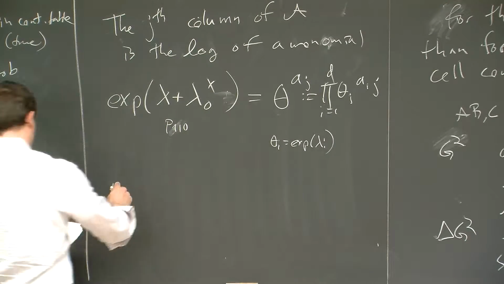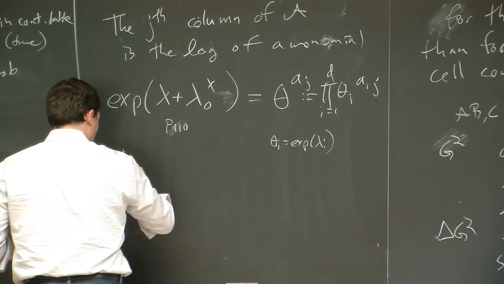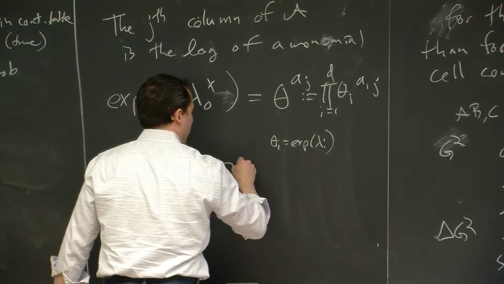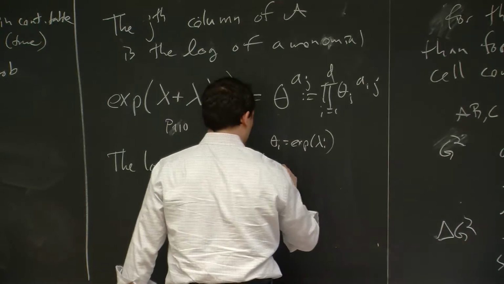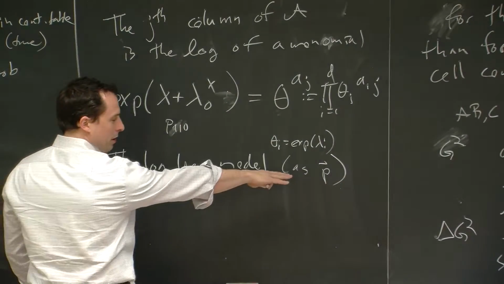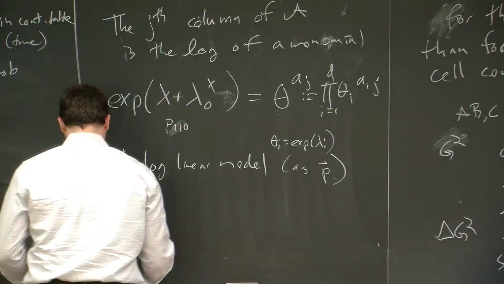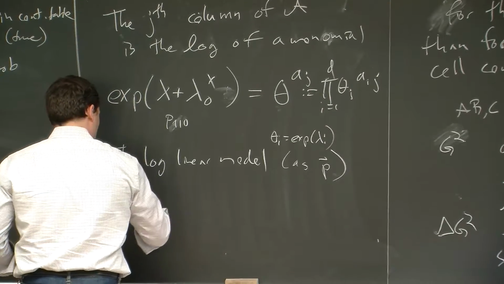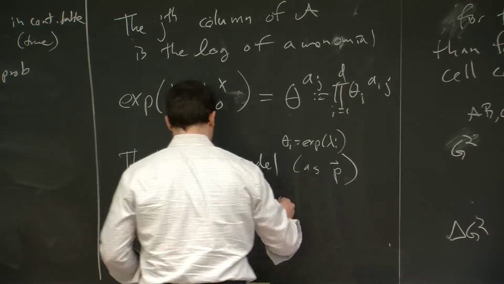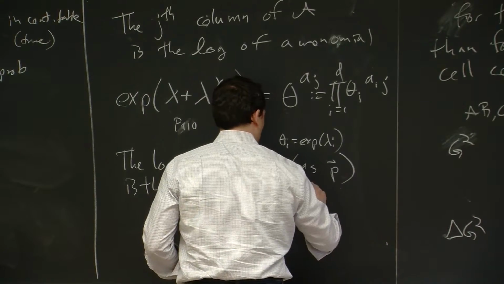And then the log linear model has a set of probability distributions. I'm not interested in the overall count, just the multinomial part, which is the image of the positive orthant.